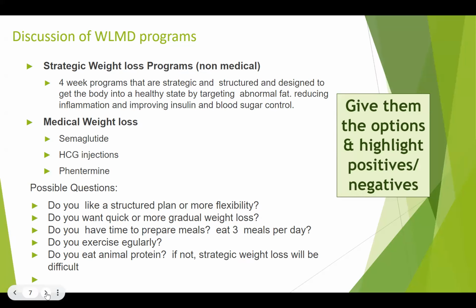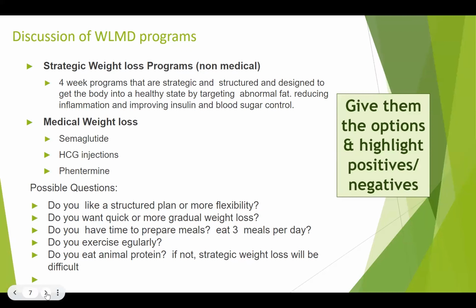Again, is it strategic weight loss? Strategic weight loss being HCA, HC2, or HCG? Or is it going to be medical weight loss? Did they come in saying, I want to start semaglutide? If that is the situation, then you obviously are going to start with semaglutide, and maybe you've assessed that really a strategic weight loss might be a better fit to start with because of some of the things that they have going on.